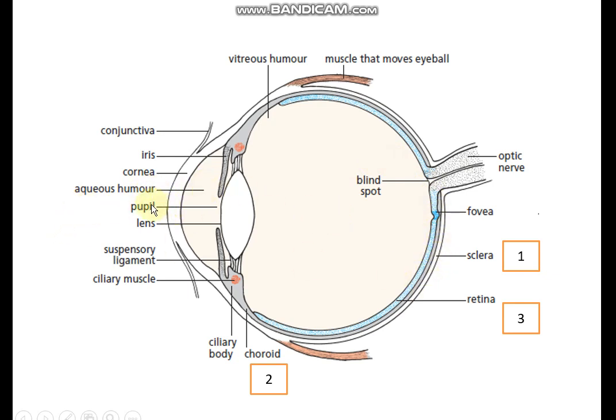The light rays come from the object and enter your eye, and the image is formed on the retina. So before the image falls on the retina, the light rays first have to travel through the cornea, and it is responsible for the refraction of light. What is refraction? Refraction means bending. So it bends the light over here.